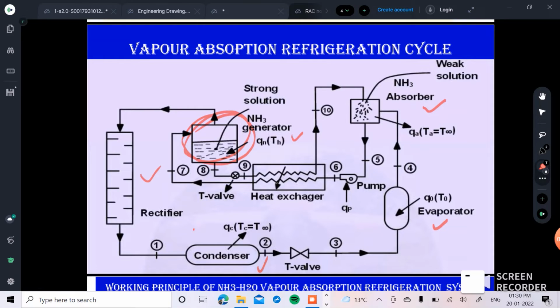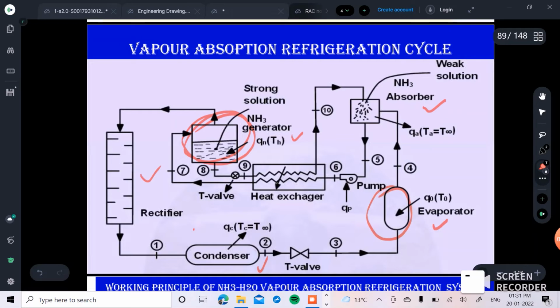This liquid ammonia flows under gravity into the evaporator and evaporates at low pressure. The partial pressure of NH3 in the evaporator, in the presence of H2 atmosphere, maintains the low temperature in the evaporator. This is the evaporator side.